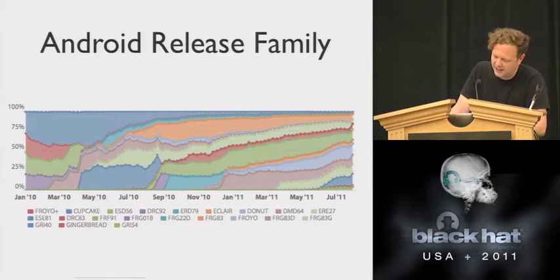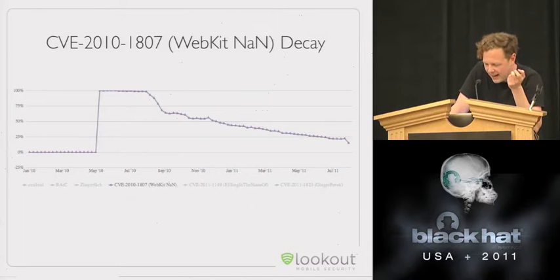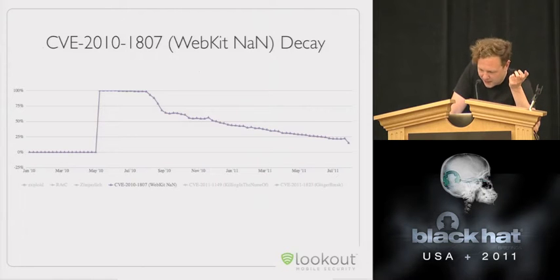So what does the overall vulnerability decay plot look like in aggregate for each of these things? For 2010-1807, this is basically what things look like, and it looks like around the beginning of 2011 we hit the 50% mark.